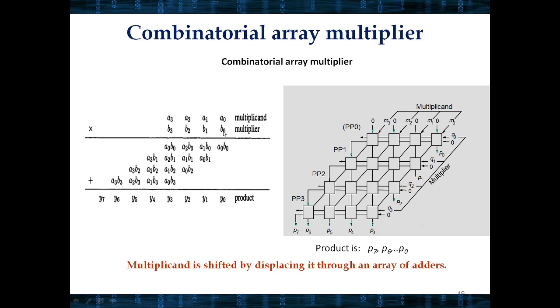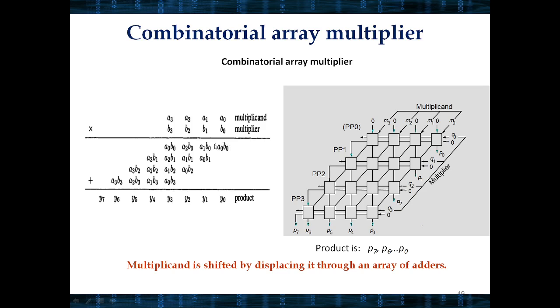We will multiply B0 with all the bits of the multiplicand, that is A0 and so on. That will be done with an AND gate.